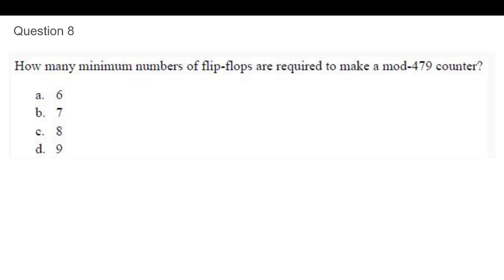How many flip-flops are required to make a mod 479 counter? 9. Yes, because 2 to the power 9 is greater than or equal to 479. So up to 512 states we can obtain, and so we need 9 flip-flops.